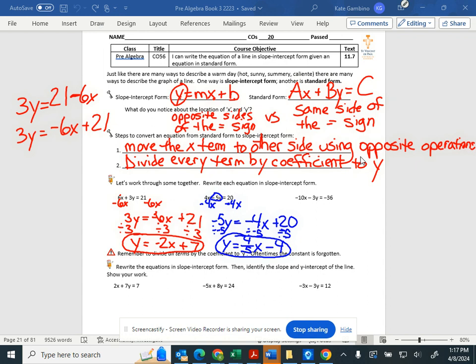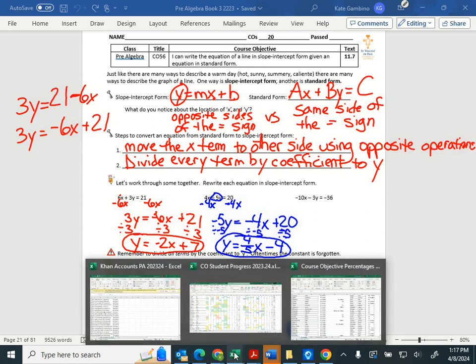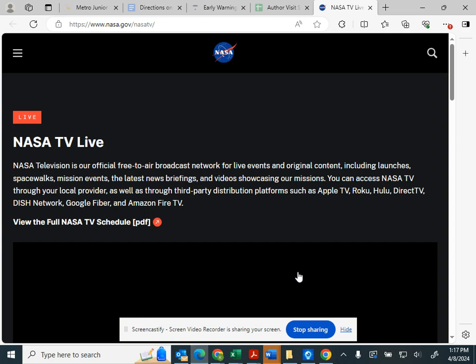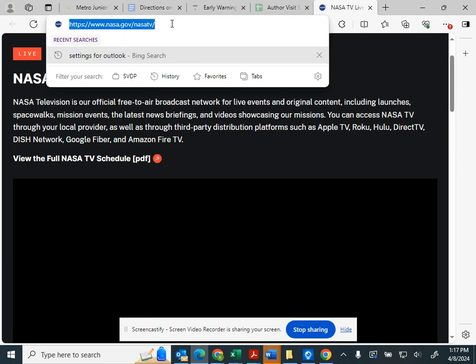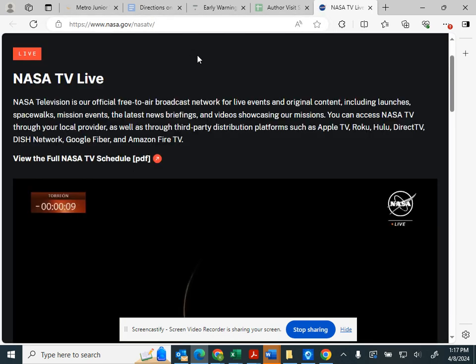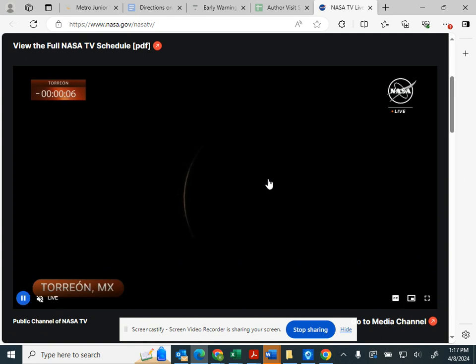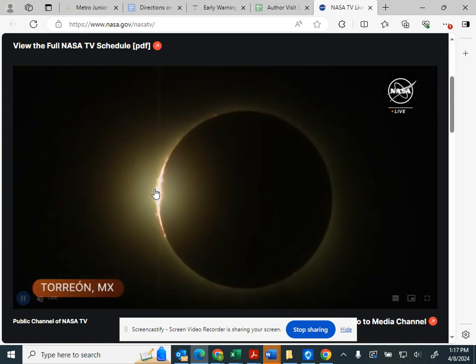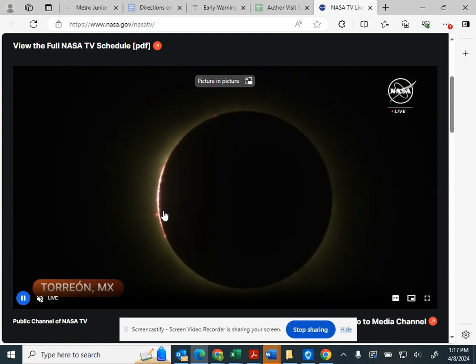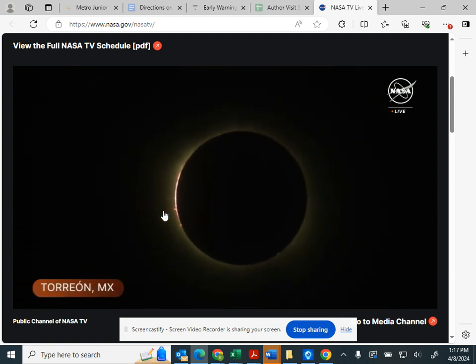Let's take a quick peek and see if the eclipse is showing. Yes. Here is the sun, friends. Right here. That's all you could see. Look at that. Oh my gosh. How is it supposed to make me go blind?